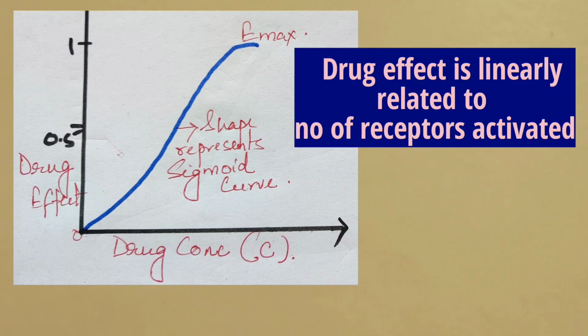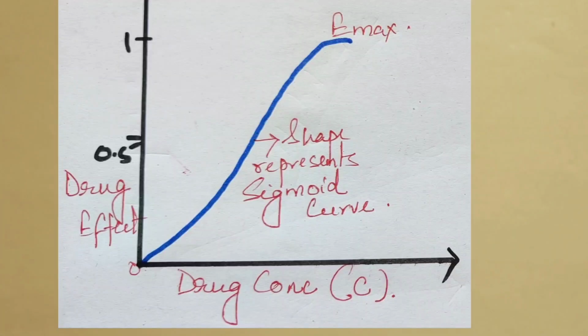That is, it is directly proportional to the number of receptors activated. The given graph shows the dose-response data presented as a plot of the drug effect against logarithm of the dose or concentration. The linear portion indicates that response to the dose increase is changing rapidly.